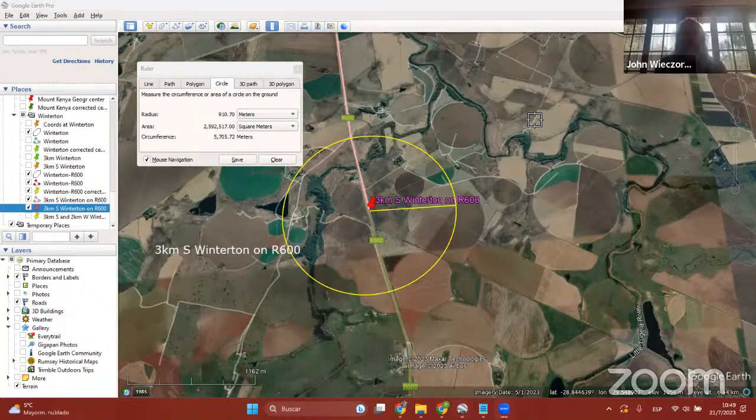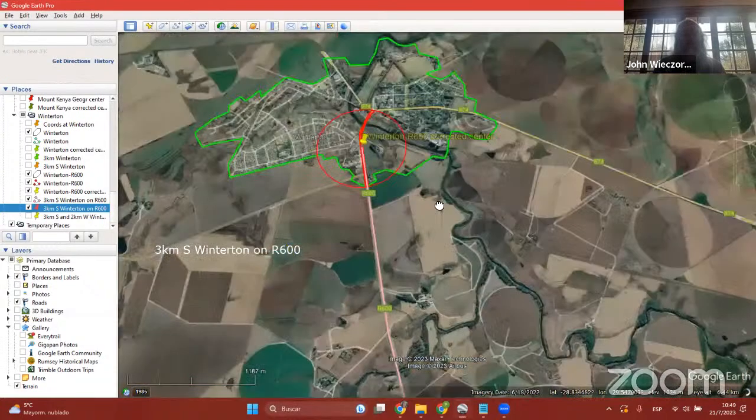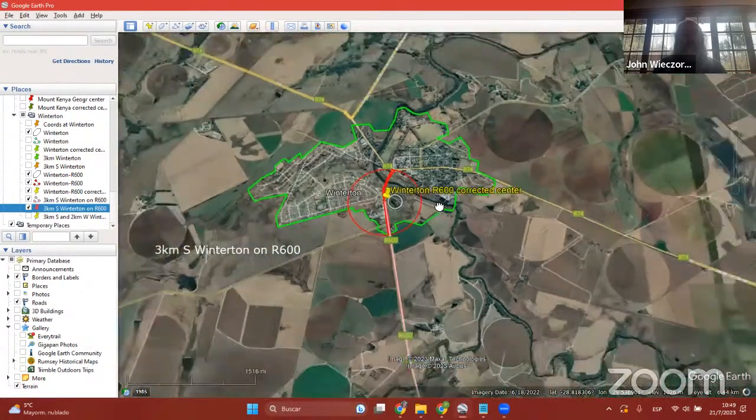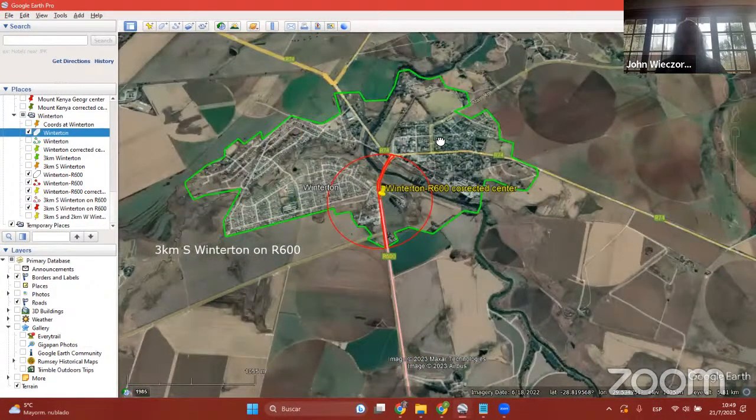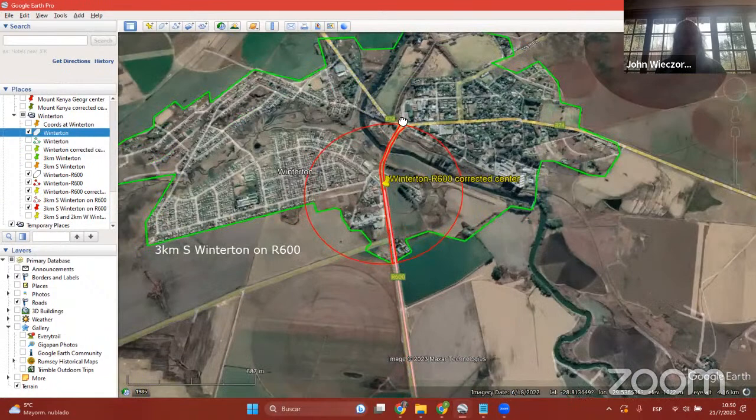Yeah, the radial of the feature above, and the feature above, if you can zoom up there, the actual feature above is the part of the R600 that is within Winterton. So the feature isn't Winterton anymore.